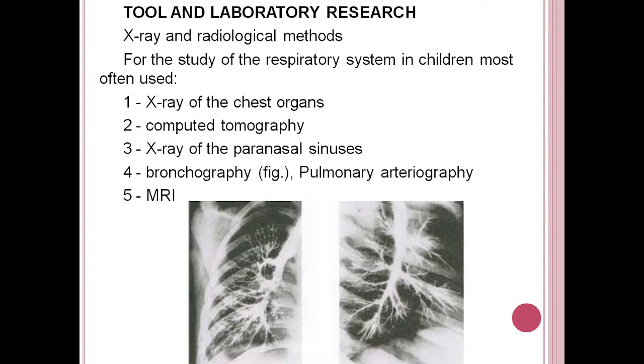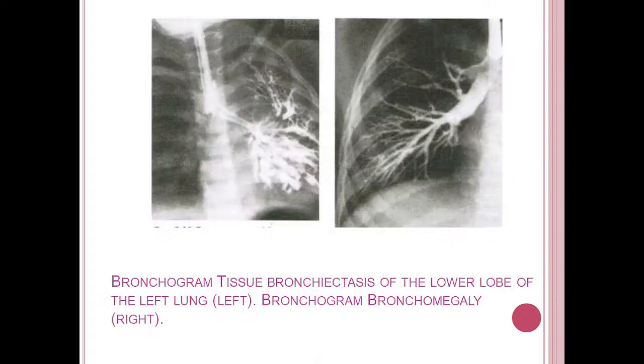You see in this picture pulmonary arteriography and MRI. You see in these pictures the bronchial tree, bronchiectasis. You see we have correct drainage function of the bronchial tree in the lower lobe of the left lung.